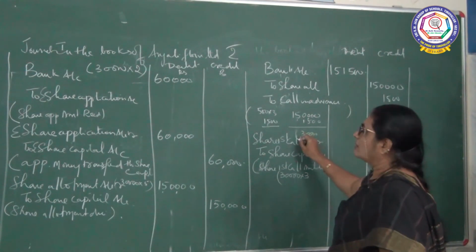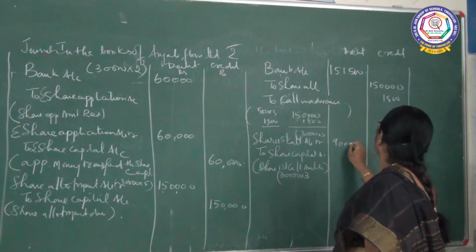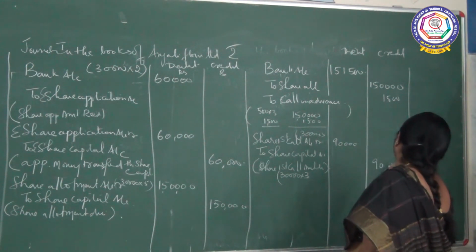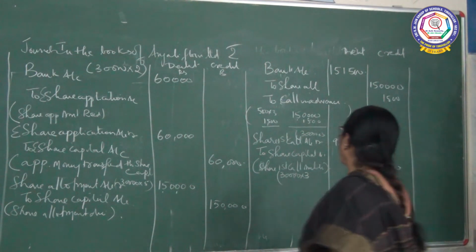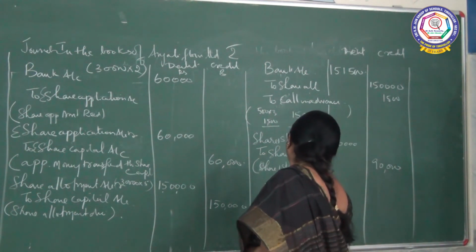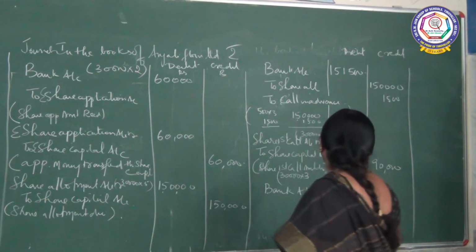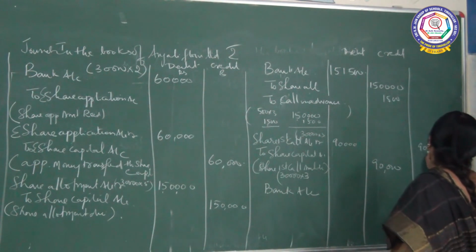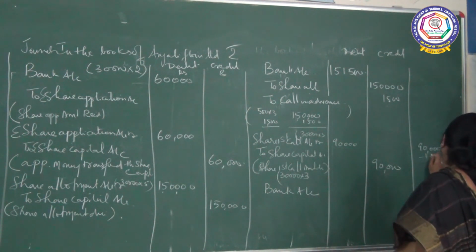That comes to 90,000, which is supposed to be transferred. This much amount is due. But you have already received some in advance, so that much amount will go less. Bank account debit. How much is going to go less? 90,000 minus 1,500.